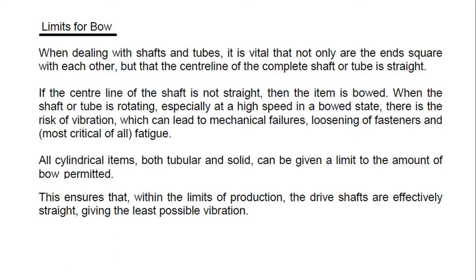This ensures that within the limit of production, the drive shafts are effectively straight, giving the least possible vibration. So again, the condition should be under the limit, right? And if it is going beyond the limit, you have to change it or take the prescribed maintenance procedure.